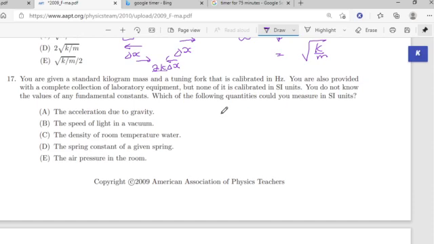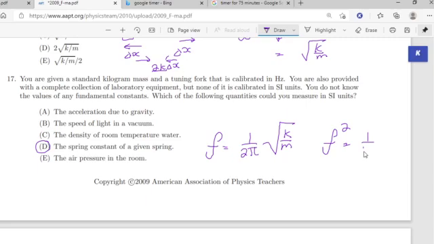I don't know. That's a good question. I think it should be D because hertz is a unit for frequency, which I believe is 1 over 2 pi times root k over m, and we want to find spring constant, so that's f squared, which is equal to 1 over 4 pi squared times k over m.